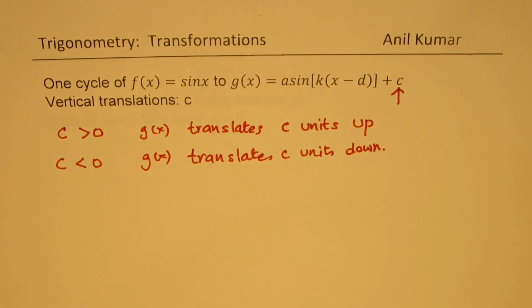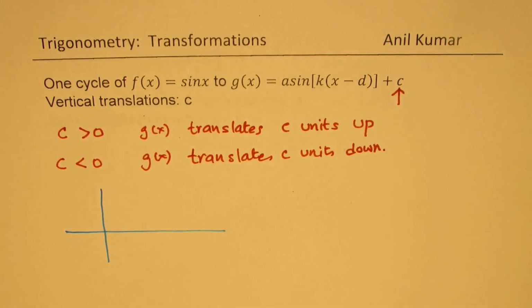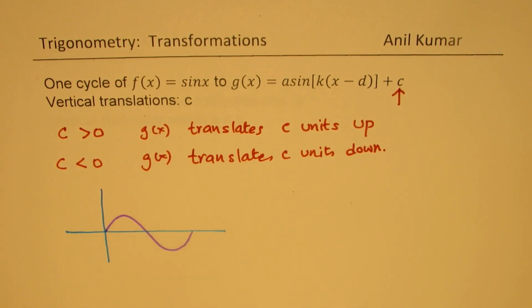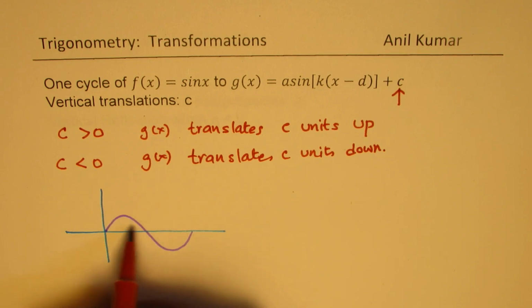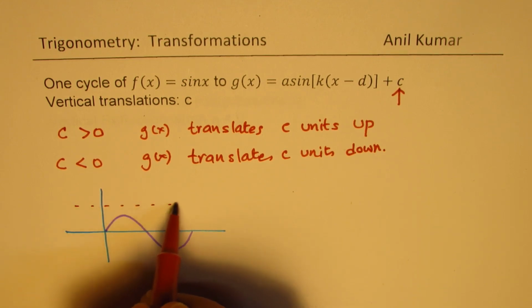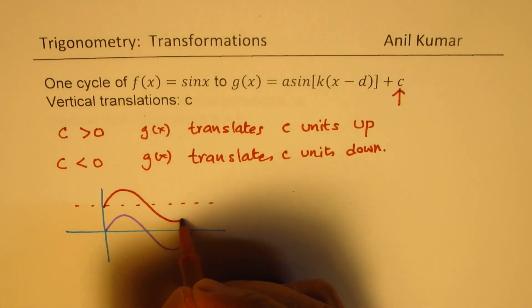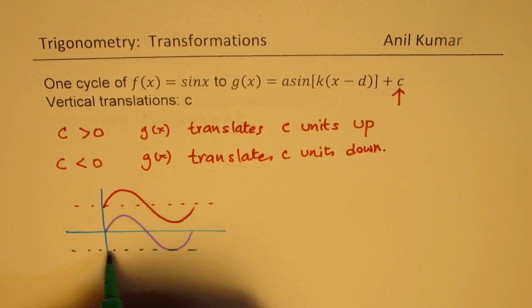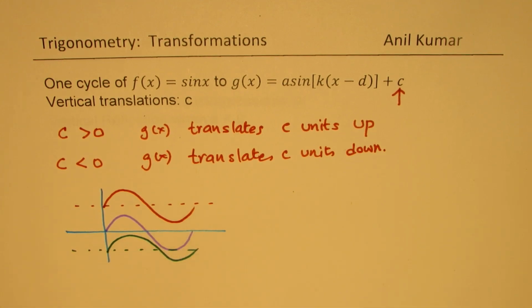So what we're trying to say here is something like this. If we have graph of sine x as kind of like this, positive value of c means this axis moves upwards, and we will have a graph which could be like this. And a negative value of c means the axis will move downwards and the graph will be kind of like this. You get the idea, right?